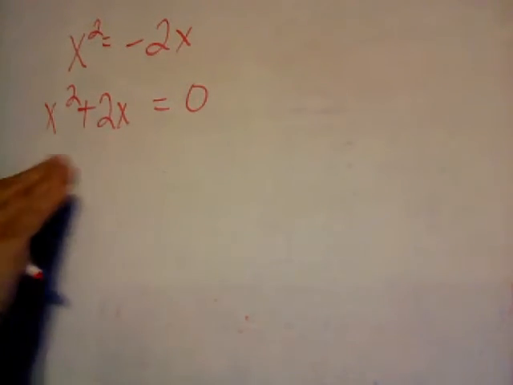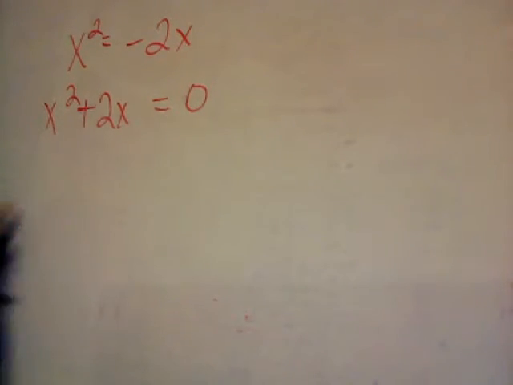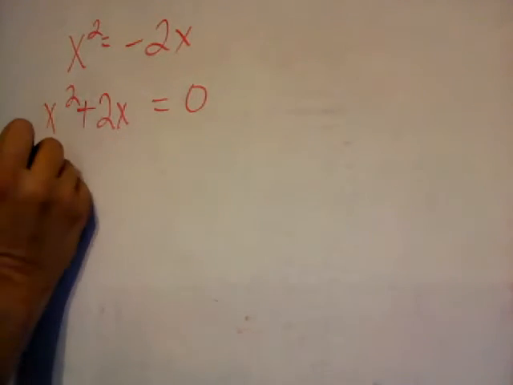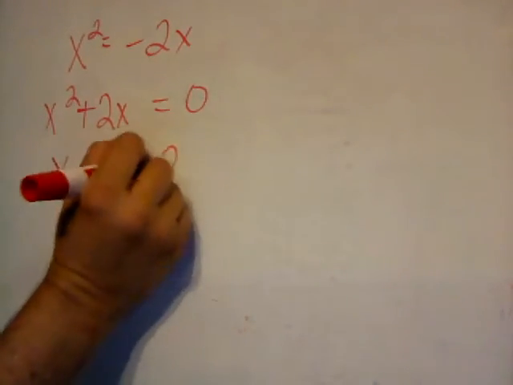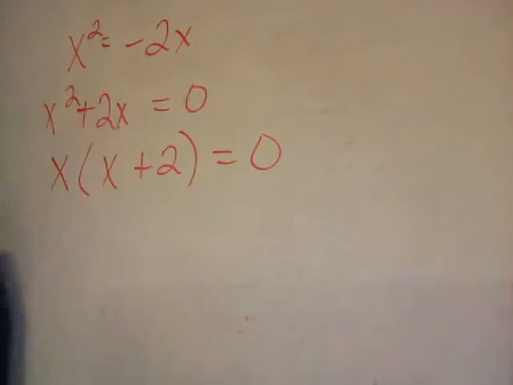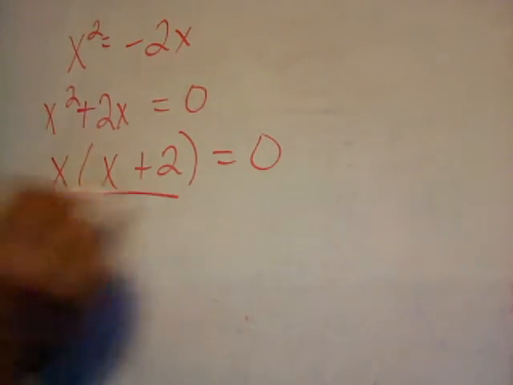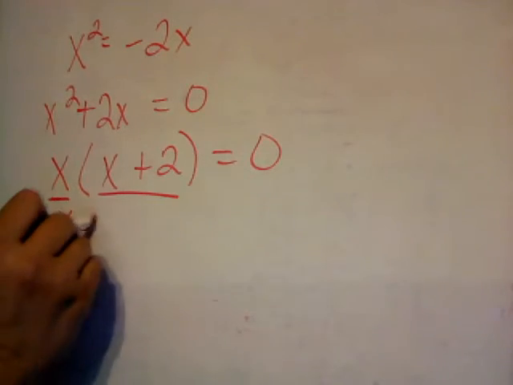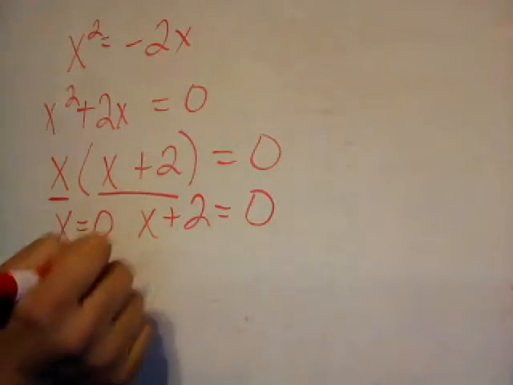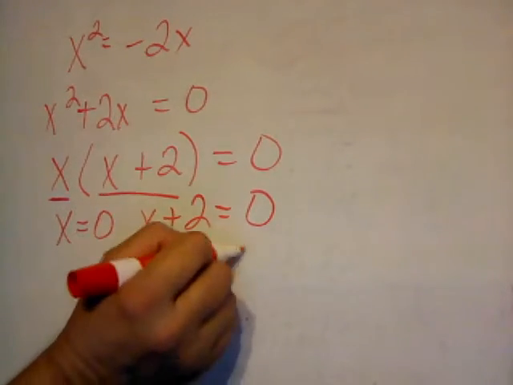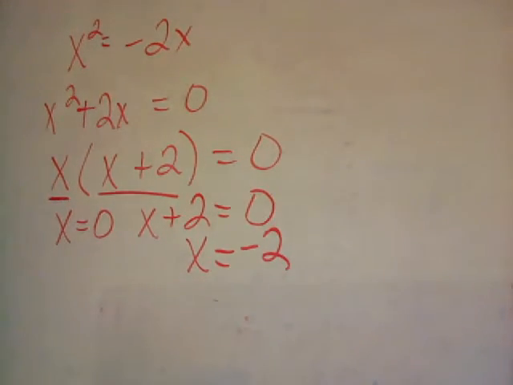I still need an a and b part, so I ask myself, can I factor? Yes, I could take out an x. That leaves me with x plus 2 equals 0. Now I have my a and my b. x equals 0. x plus 2 equals 0.